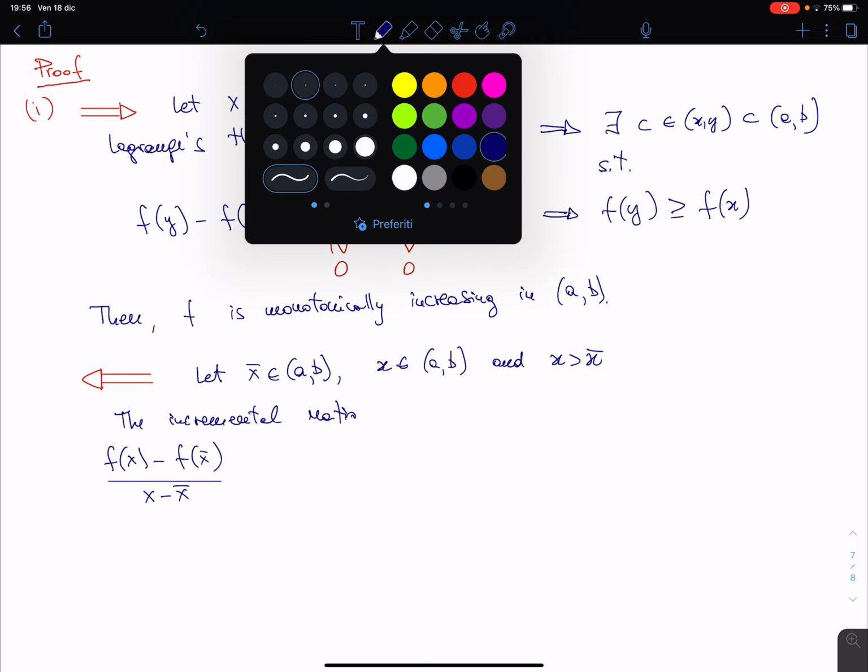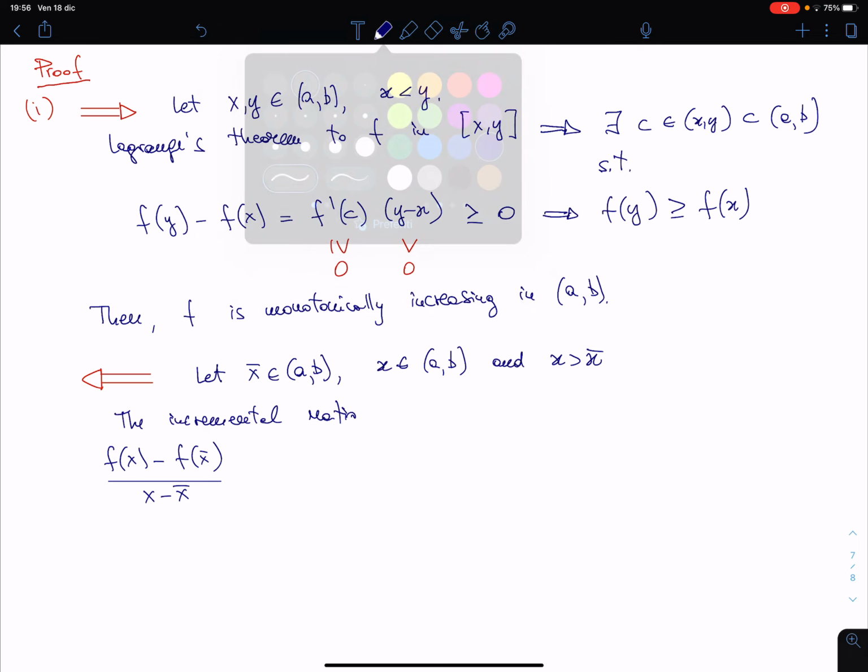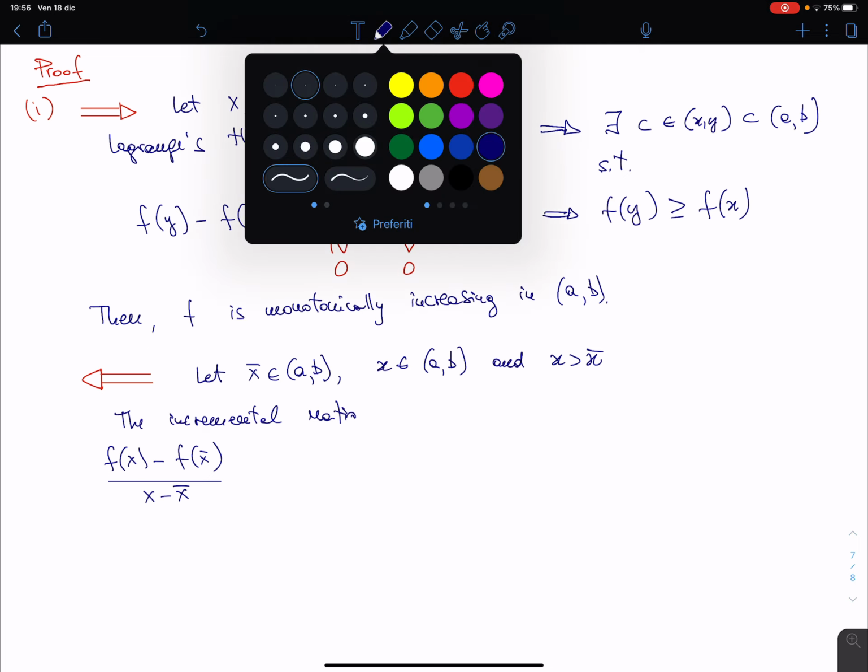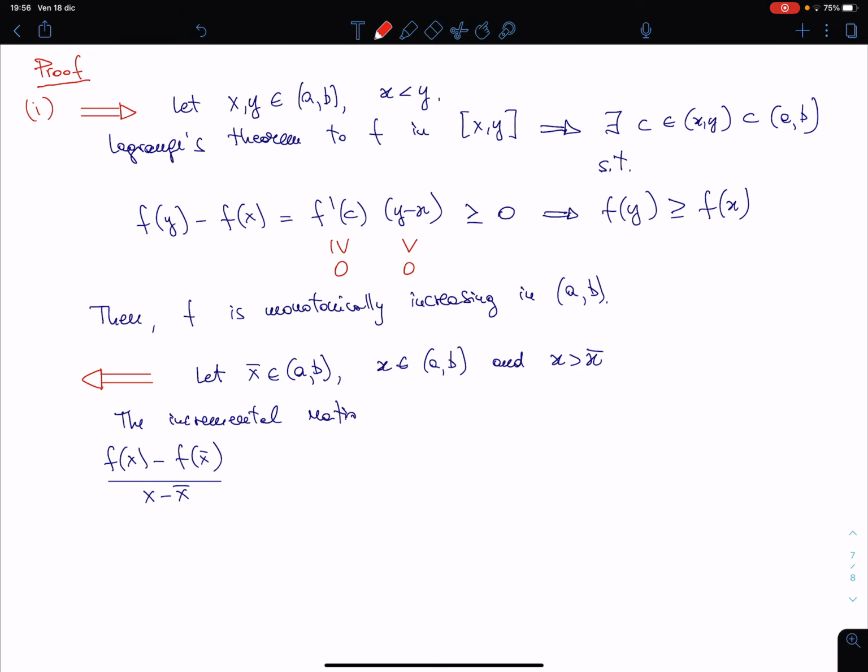Here f of x minus f of x bar is not smaller than 0, and x minus x bar is larger than 0.